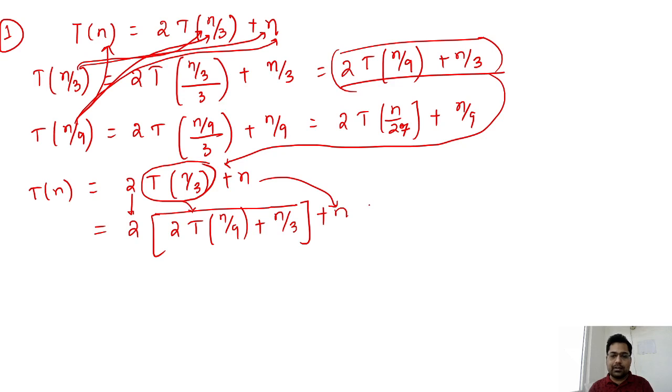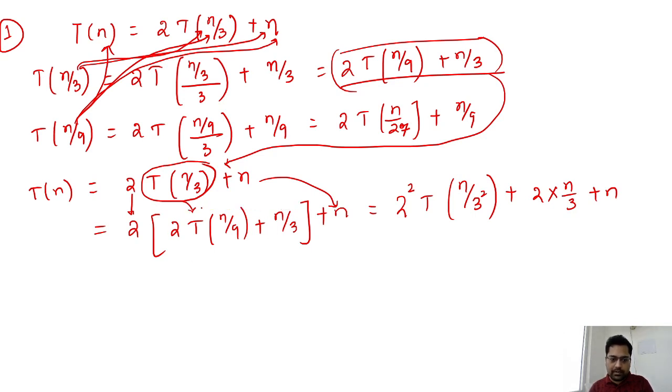Nothing will be expanded excluding that one. 2 squared T(n/3 squared), I'm just writing instead of 9. Because 2 is getting multiplied here, 2 is also getting multiplied here: 2 into (n/3 + n). Here it is within a bracket, so these are the values.